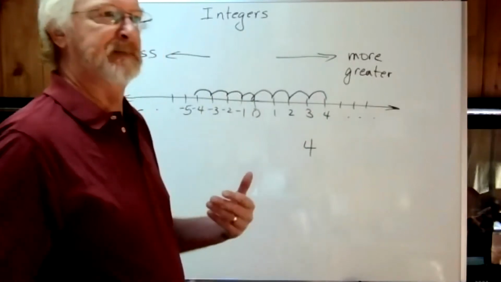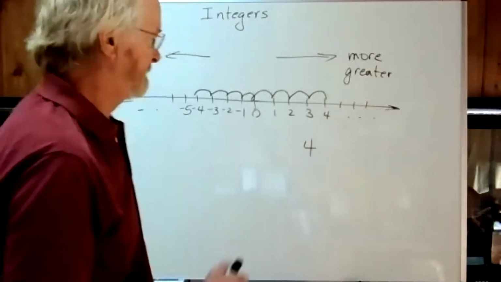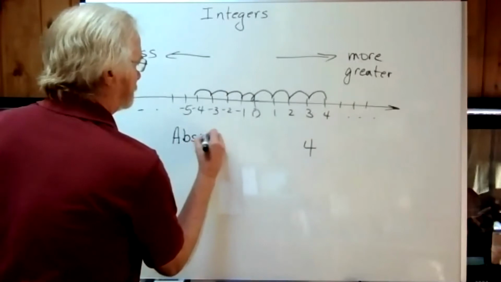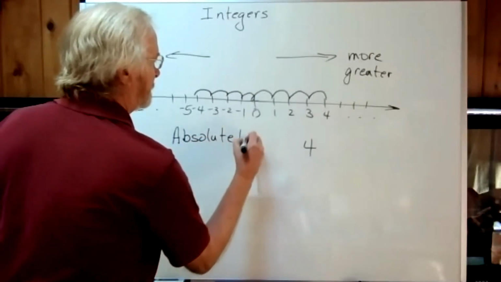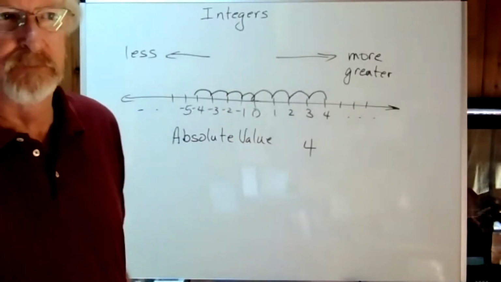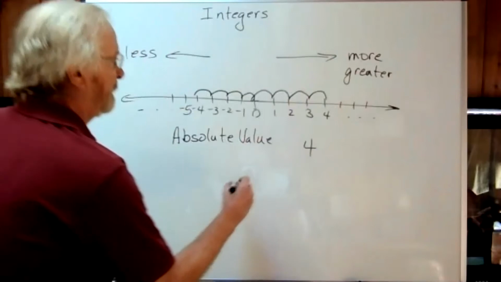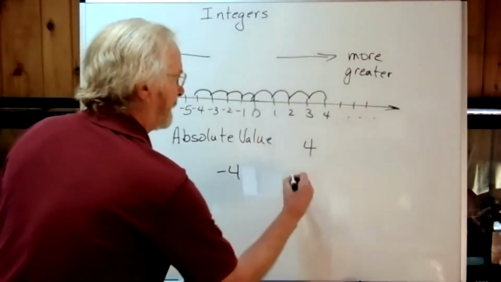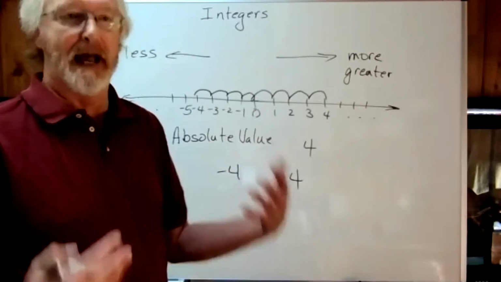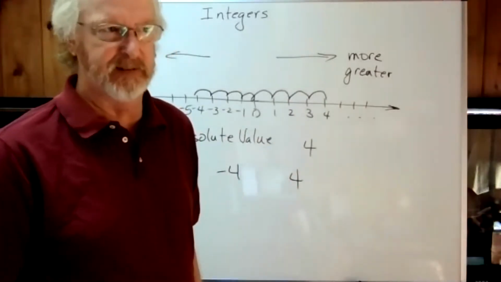So this concept of the distance from 0, or the size of those numbers, is referred to as absolute value. It's usually defined as distance from 0 without regard to direction. So -4 and 4 have the same size, or absolute value, and that value is always expressed as a positive number.